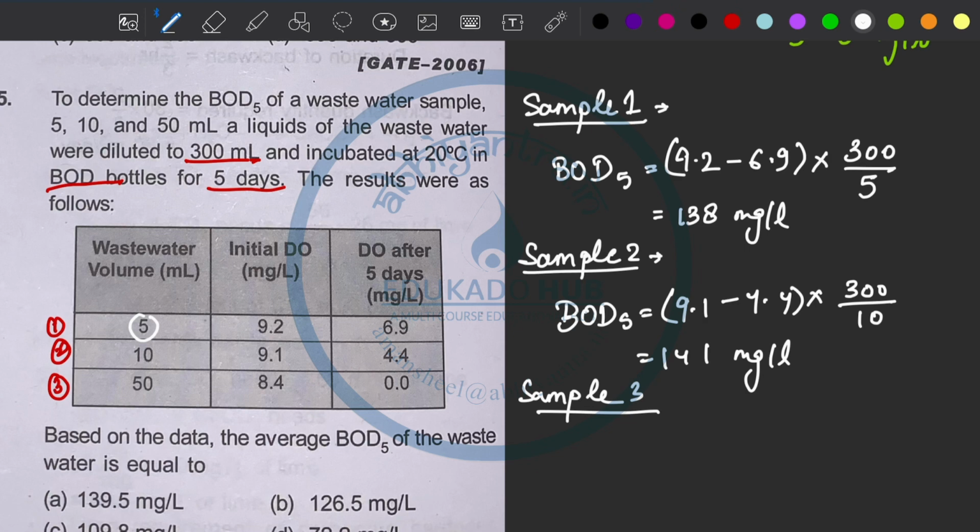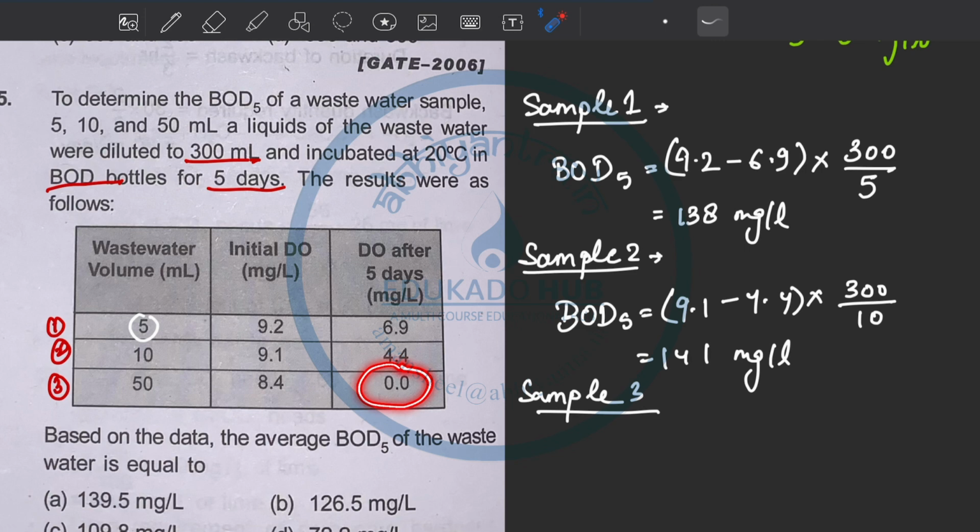as we can see that this final DO is 0.0. That means the oxygen demand is fully done, right? We don't need any further oxygen. That means all organic compounds are decomposed in this. But we don't know exactly at which day it got decomposed fully.